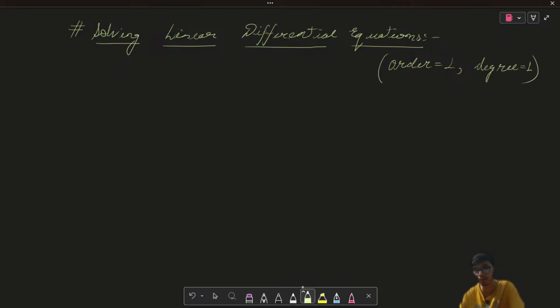So we are only going to focus on solving linear differential equations of first order and first degree, right?